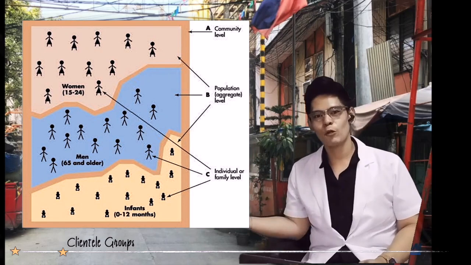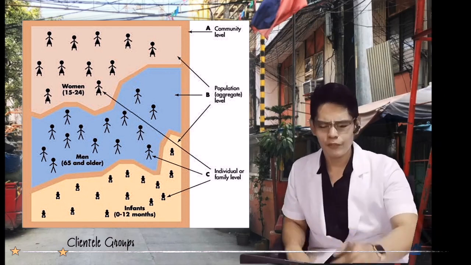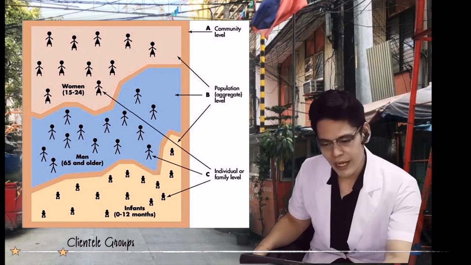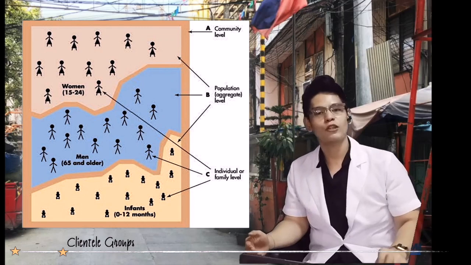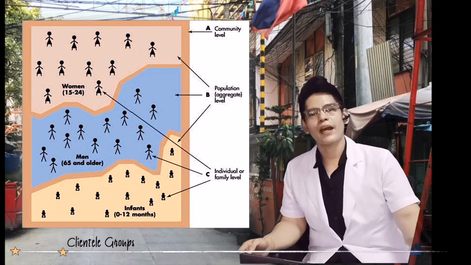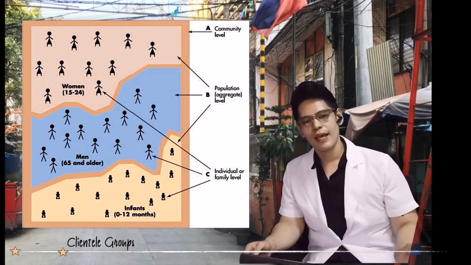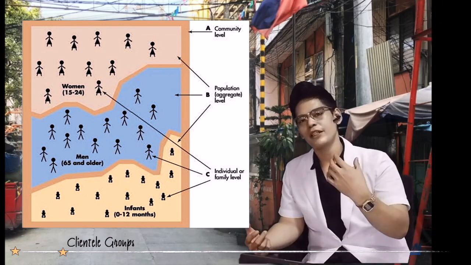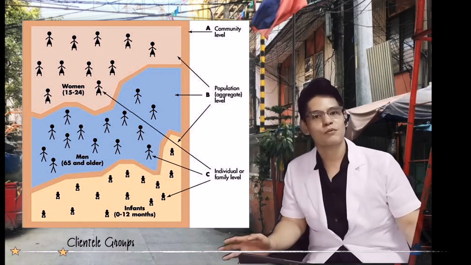This is Stanhope's depiction of the different clienteles in the community. And if you look into the three divisions, there is letter A, which focuses on the entire box. She has identified that one as a community level. We also have B, where the box is divided into three population groups, and within those population groups are population aggregates, depending on your preference as to what is the population of focus for your nursing care.